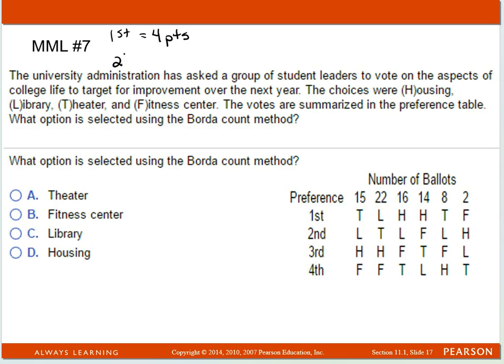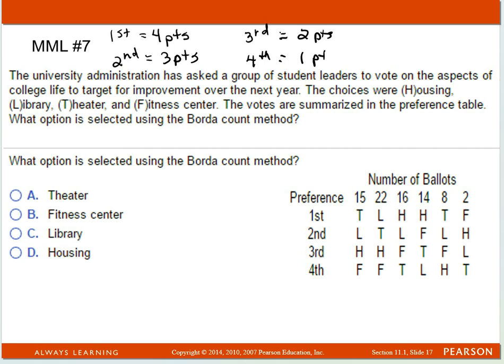Second place will be awarded 3 points. Your third choice will get just 2 points. And whatever you put down as your fourth choice gets just 1 measly old point.